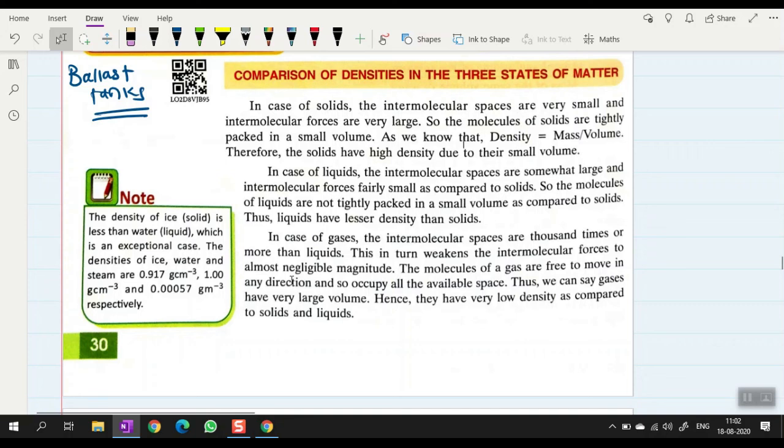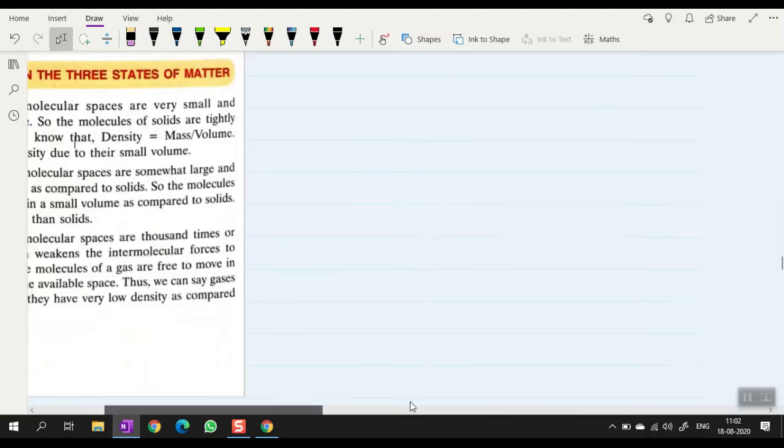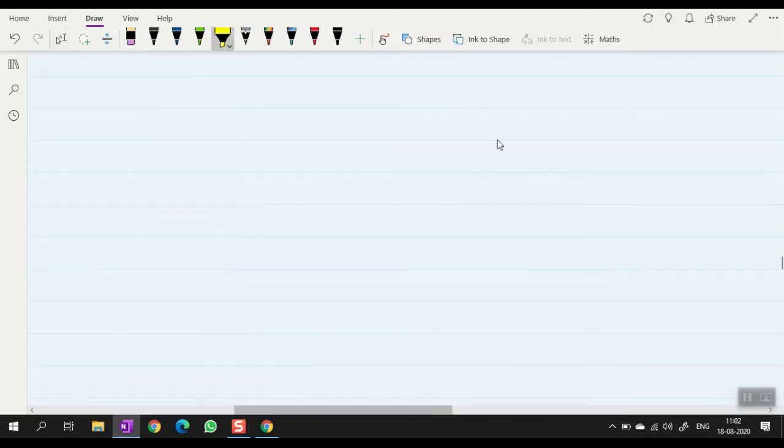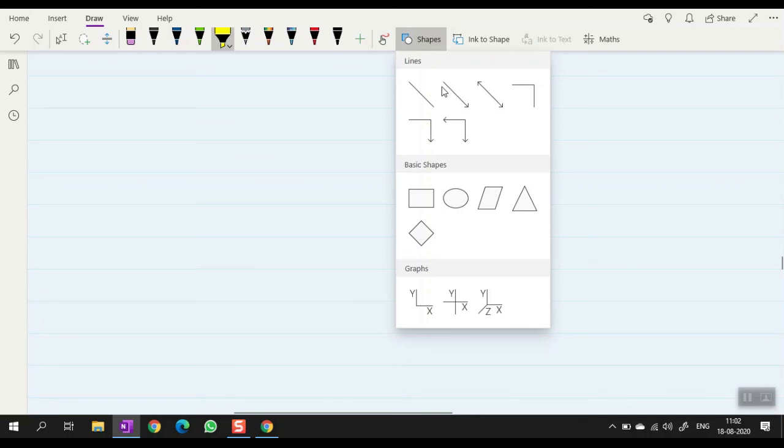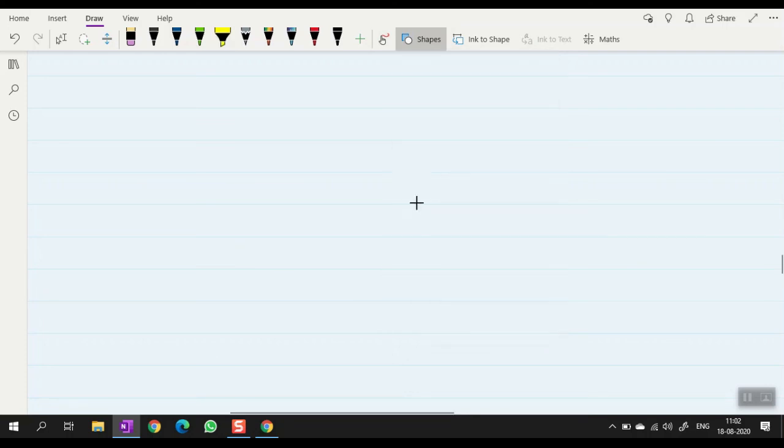Then we have to compare the densities in three states of matter. Now it is very easy to compare. Let me give you a pictorial idea about densities of substances in three states.